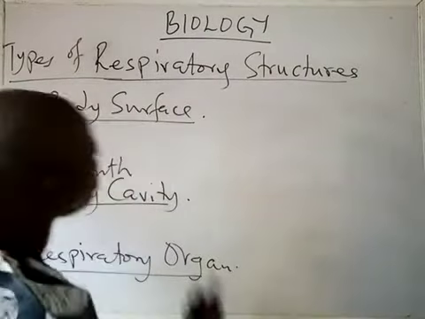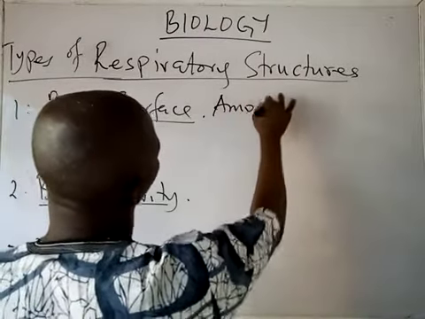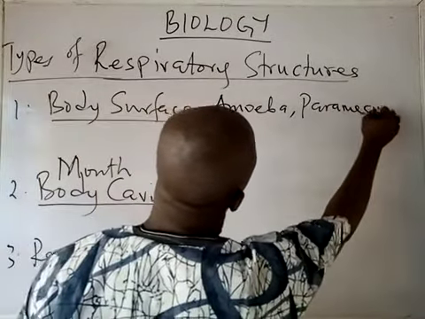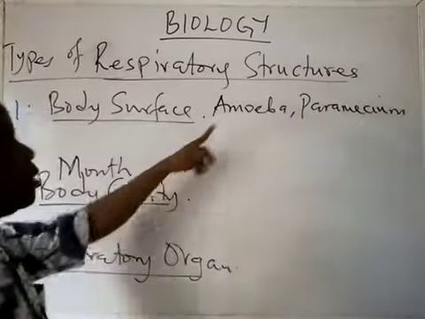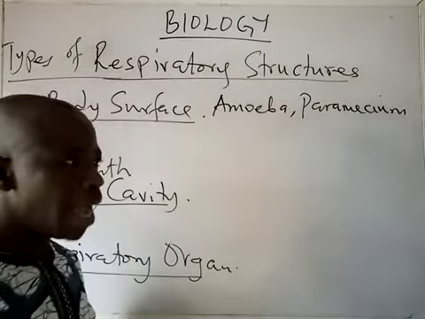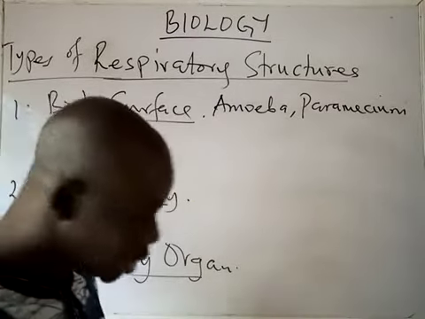Now, organisms like amoeba and paramecium, they are unicellular organisms, and they have plasmalemma that bounds their cytoplasm.